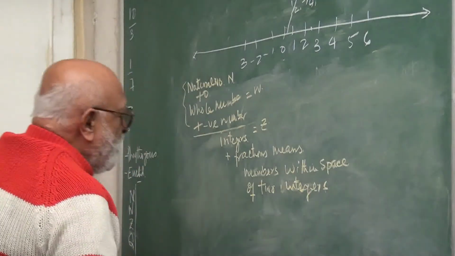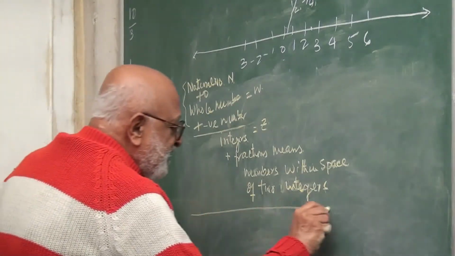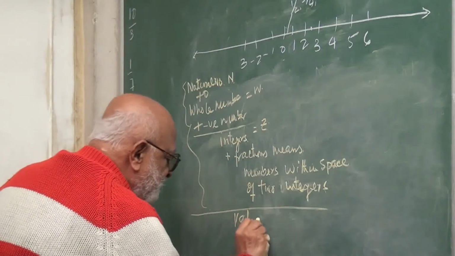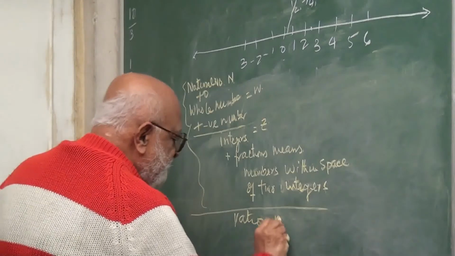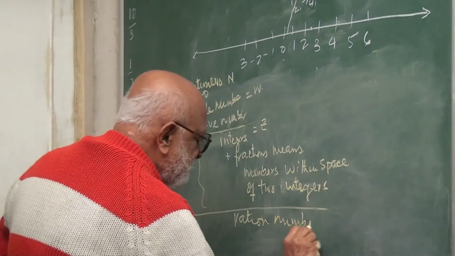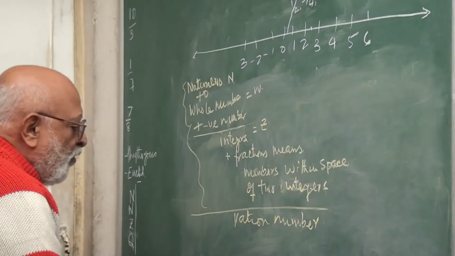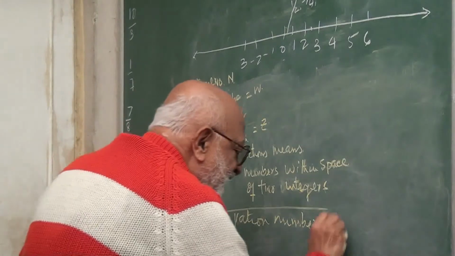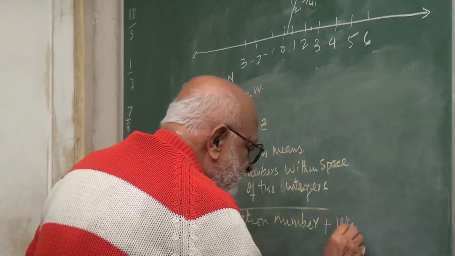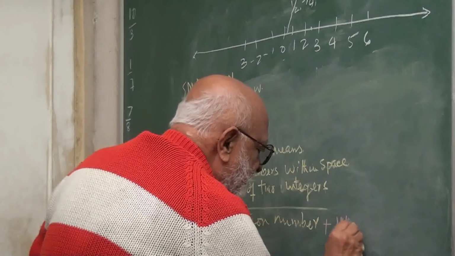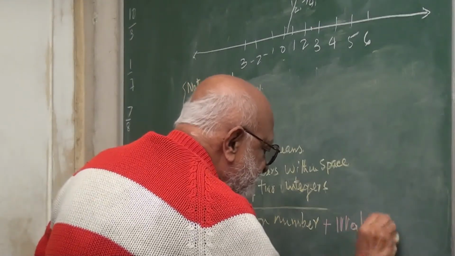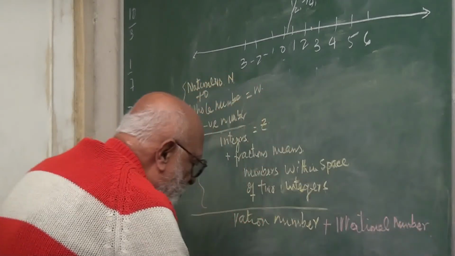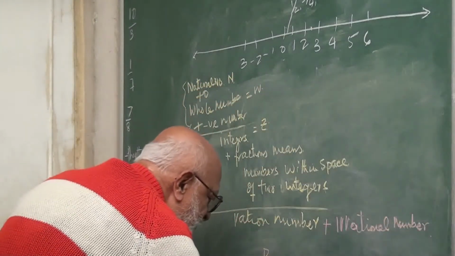Okay, so when I add these two, the whole thing becomes a rational number. And when I add irrational numbers to these rational numbers, that whole thing becomes the real number.